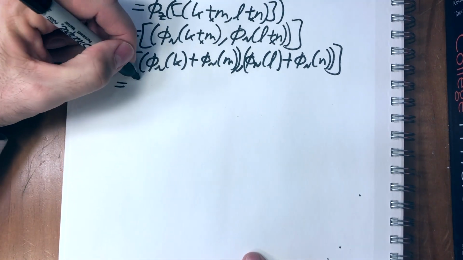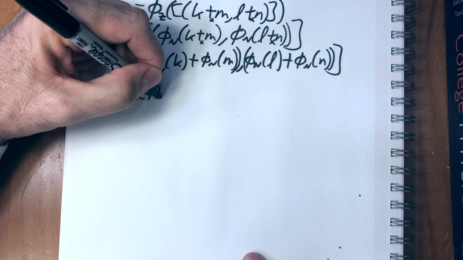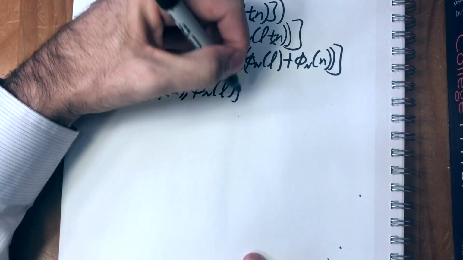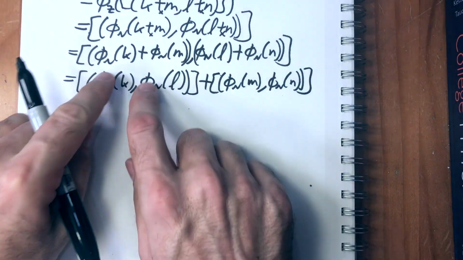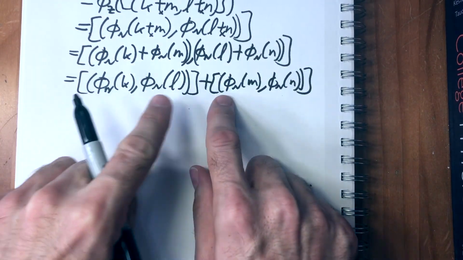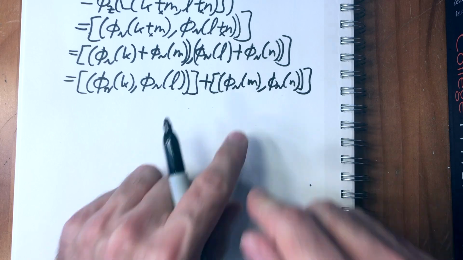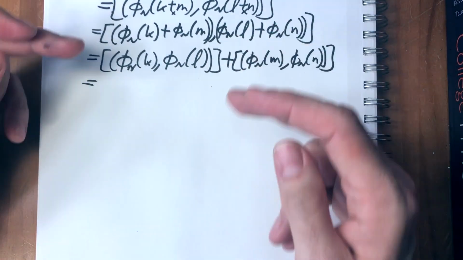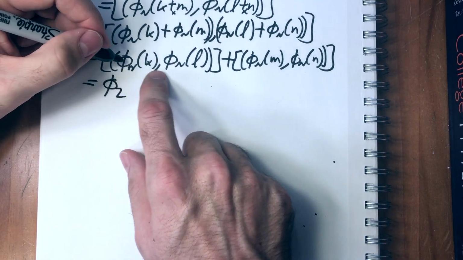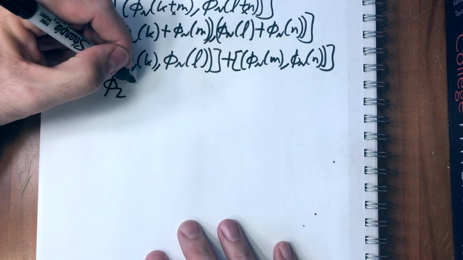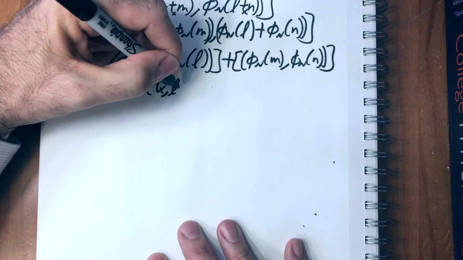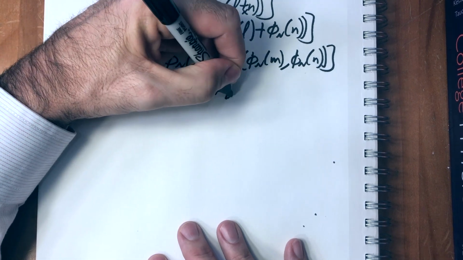But now we're in phi n. So we go phi n of k, phi n of l, plus. So this was the definition of addition of two integers. Now we just apply the definition of phi z, because here we have it in n and we're rearranging it to z. So this is phi z of (k, l) plus phi z of (m, n).